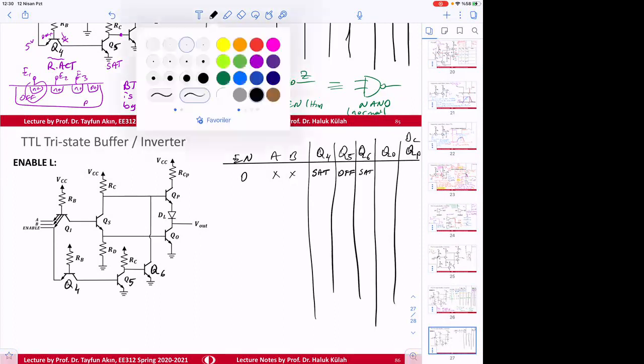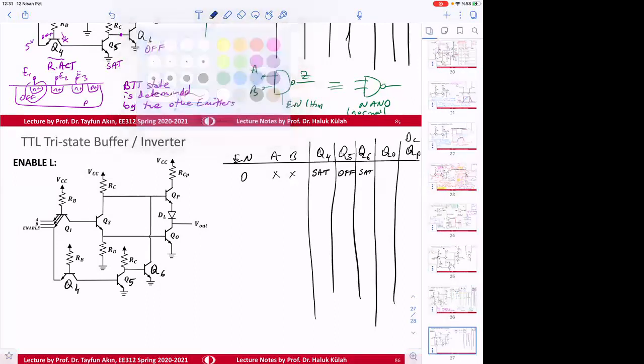Okay. So if this is in saturation, the voltage here is going to be 0.2 volts. So this will be SAT, this will be off, this will be SAT. So this voltage is going to be 0.2 volts. It's forced to be. So when enable is 0, what is the state of QI?